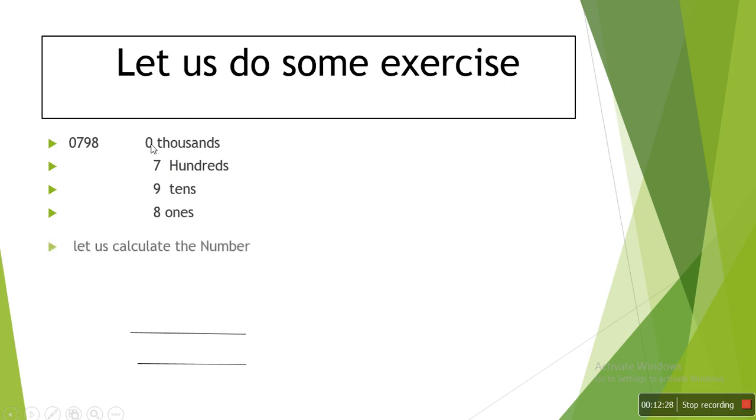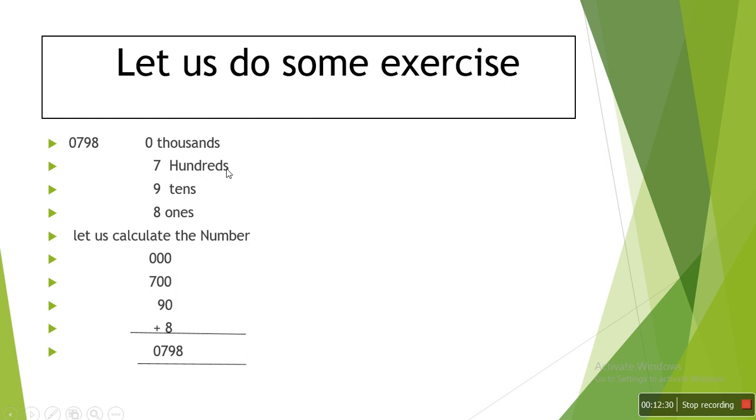So again let us calculate. So 0, because 0 is in thousands place, that's why we have written 0. Again you can ask me a question, sir, why is it 0? Because if you write 1000, then how many 0s are in 1000? You will say three. Because 0 is in thousands place, that's why we have written 0. And 7 is in which place?